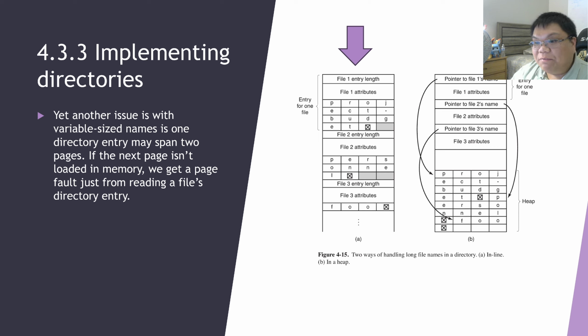There is an alternative to that, and that's to keep the size of each file's directory entry the same. Instead of storing the file name in the directory entry, we have a pointer to the file's name stored on what's called the heap.